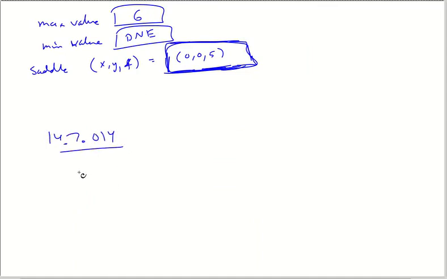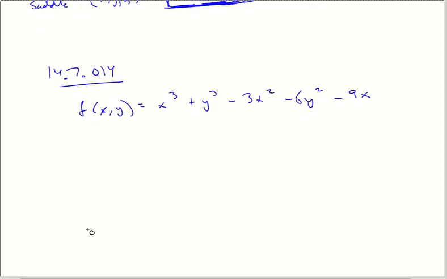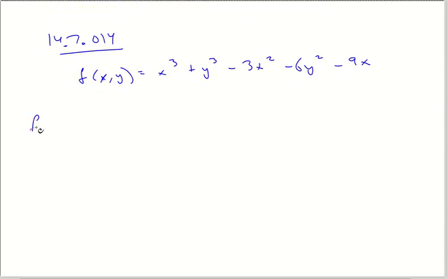147014. So f of xy equals x cubed plus y cubed minus 3x squared minus 6y squared minus 9x. And they're wanting to know what are the critical values, min, max, saddle, etc. So let's start to it. 3x squared minus 6x minus 9, set that equal to 0.